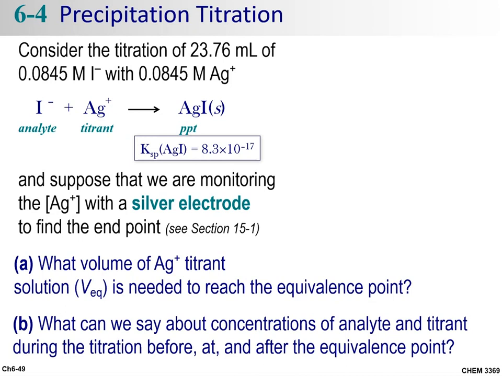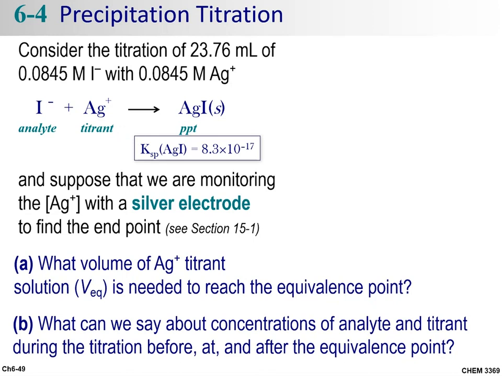Now we need to somehow design how to detect the endpoint in this titration, because you will keep adding silver plus ions to the solution containing the iodide until the equivalence point, right? Equivalence point is theoretical, that can be calculated based on the reaction, but in the actual titration, you will determine the endpoint.